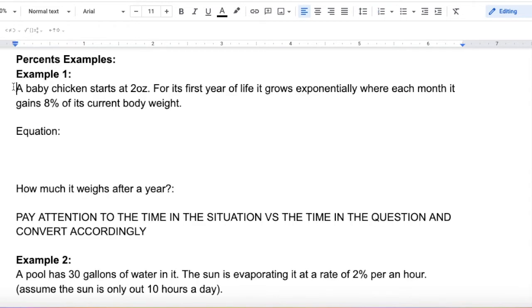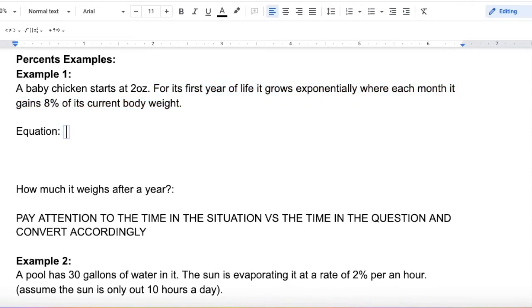Example 1: a baby chicken starts at 2 ounces. For the first year of its life, it grows exponentially where each month it gains 8% of its current body weight. Our equation is that the weight of the chicken is going to equal the starting amount, which is 2, times the multiplier.